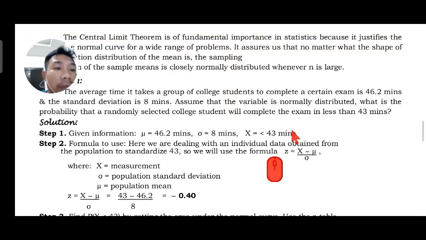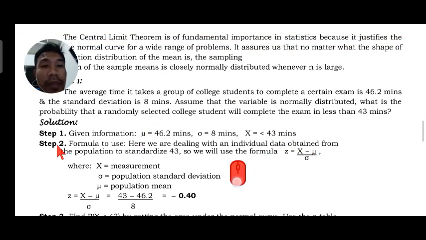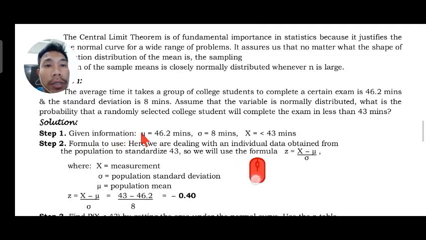Ngayon, the solution is, okay, step number 1, let us list all the given information. So our given information is our population mean is equal to 46.2 minutes, and our population standard deviation is equal to 8 minutes.